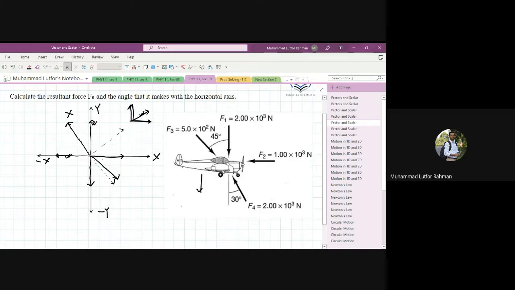But the problem is that if it is in the fourth quadrant, if the resultant vector's x component is in the positive direction and the y component is the downward direction, that's fine. But this cannot be. If it is, the plane is going to skid from the runway. It cannot make a safe landing. When the plane is actually on the runway, the surface provides a force in the opposite direction.